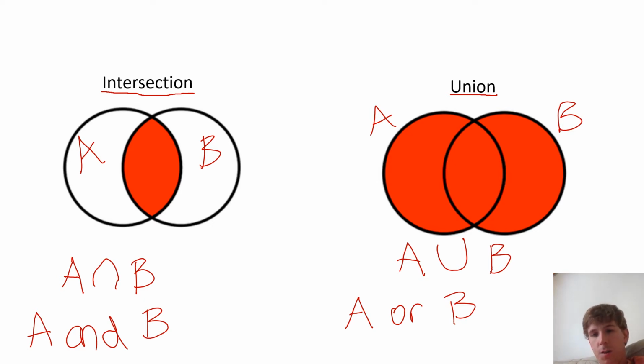The union means A or B, represented with this big U, and that's the entire inside portion of that Venn diagram.